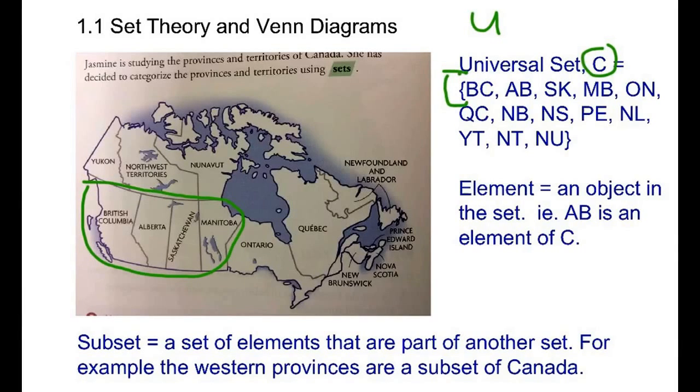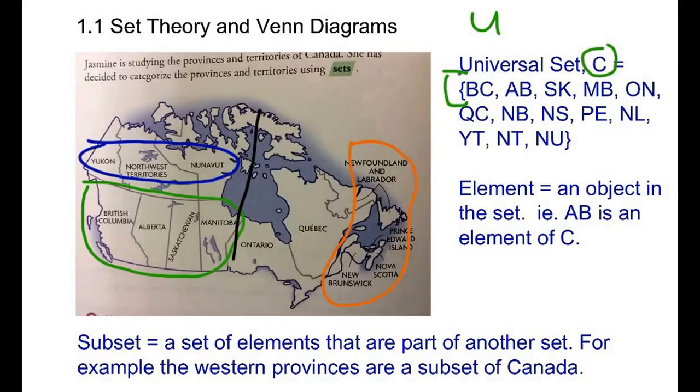Or let's say we want to do the Maritimes. The Maritimes would be the 4 East Coast provinces. Or for whatever reason, let's suppose we wanted to do the territories only. Then the territories would be just those 3. Or we could also say we want to do all provinces east of Manitoba.